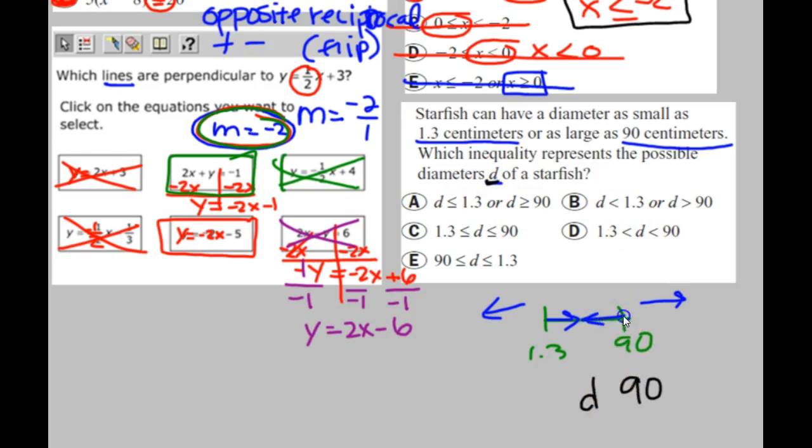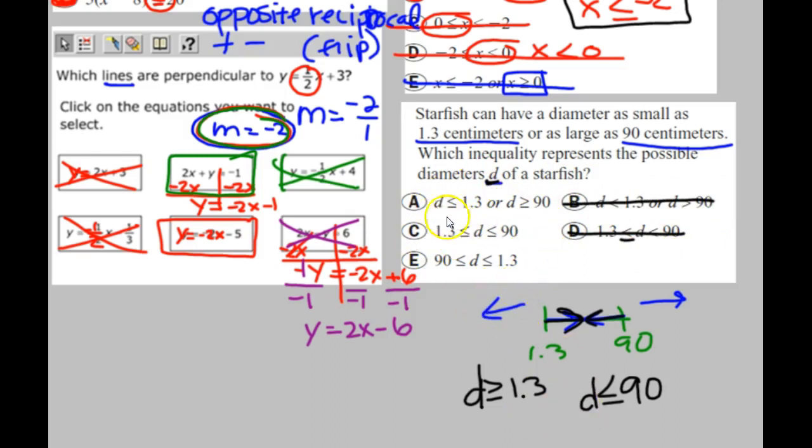At 90, we could have answers that are less than or equal to 90. And we could have answers that are greater than or equal to 1.3. So the ones that don't even have an equal to, like this one doesn't have an equal to, so we can cross that out, we can cross that out. So it's down to these three answer choices.